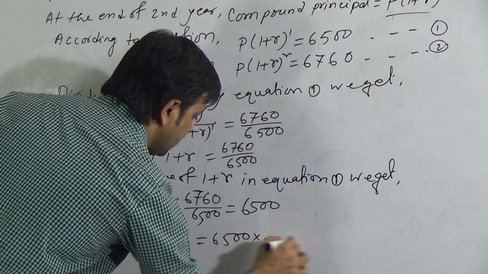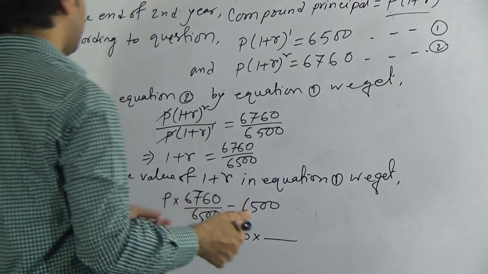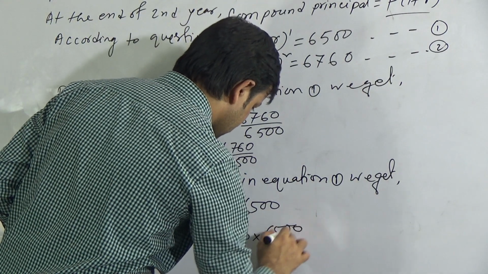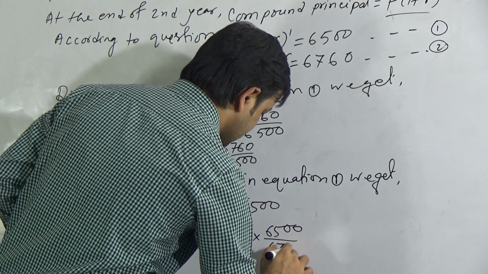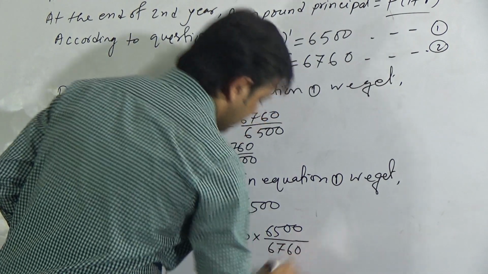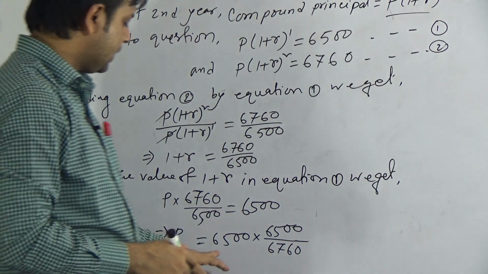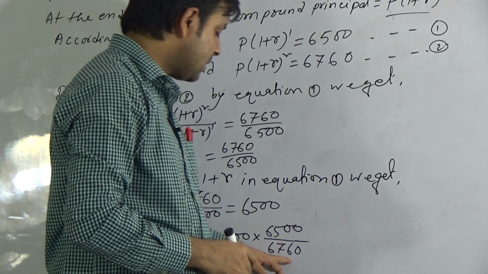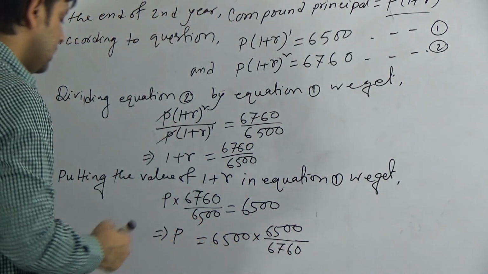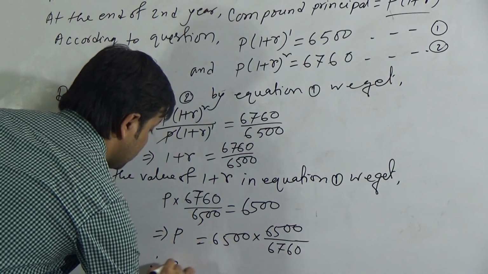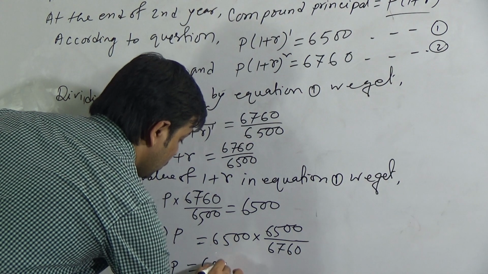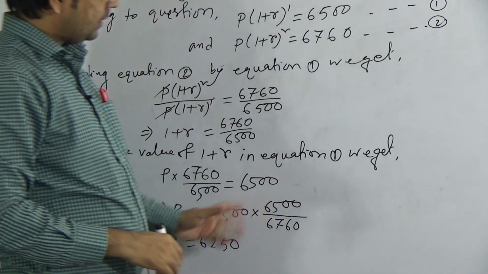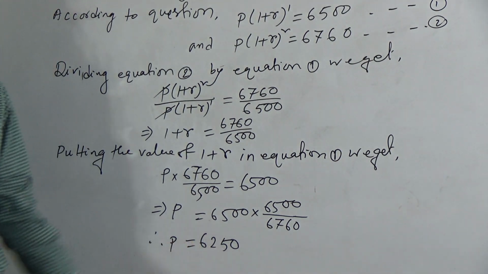As we are changing the side, we have to take the reciprocal. It means that 6500 multiplied by 6500, then divided by 6760, we will get P equal to 6250. If you calculate here, you will get the value of P, that is 6250.